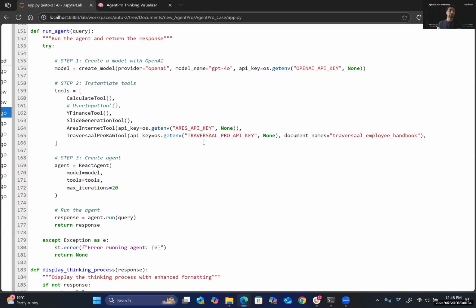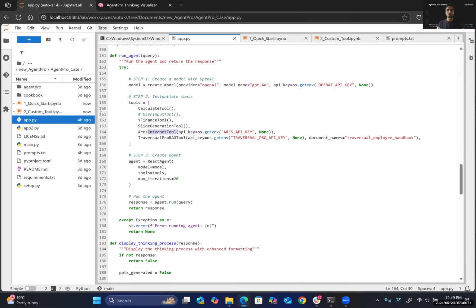And this is an interesting thing: let's suppose a tool breaks. We observed that when we asked for some Yahoo Finance related things, it said there is a limitation with your rate, so it automatically reasoned and moved to the internet tool. So if any tool breaks for any reason, Agent Pro does reasoning and tries to fetch the answer from other tools as well.